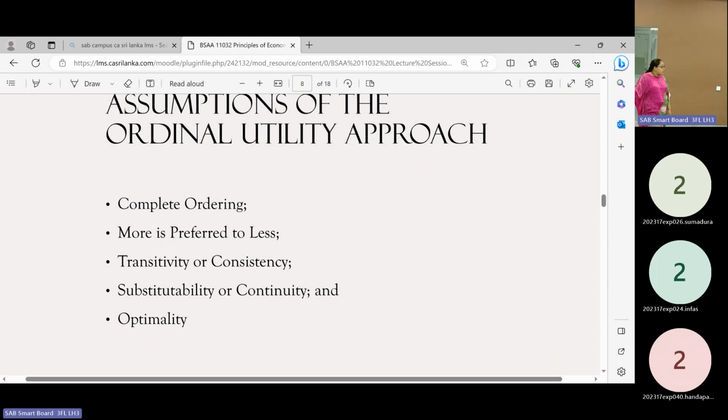Next one, whichever good it is, initially she will prefer more string hoppers to less. If I give her one string hopper, would she be happy? No. 2, 3, 4, at least you need a few. If I give you one chocolate piece, would it be enough? No. So, for one good also, we assume that you will prefer more rather than less.